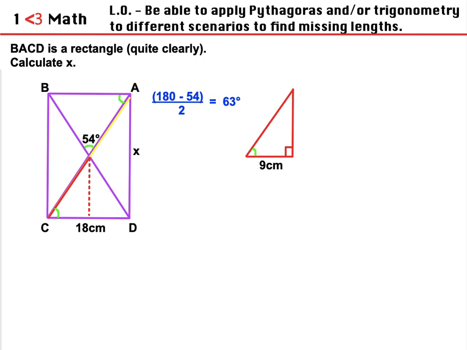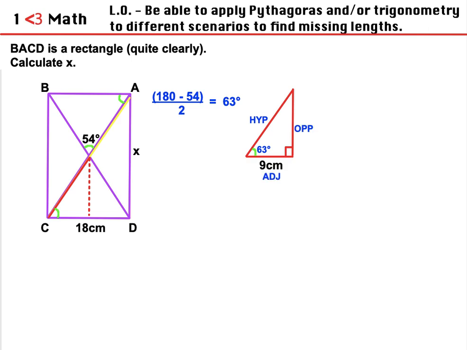So that angle is going to be 63 degrees, and therefore the angle down here is also going to be 63 degrees, because alternate angles are equal.